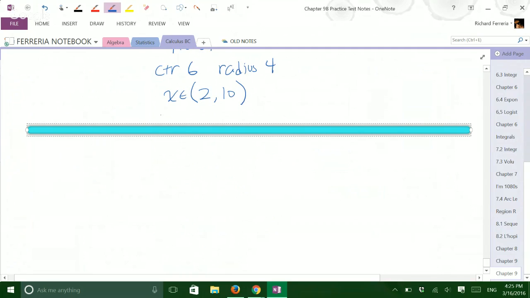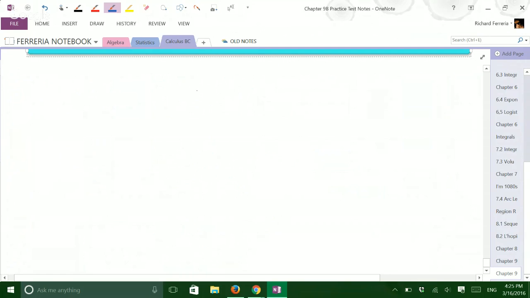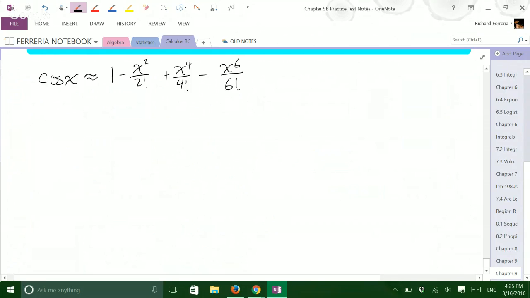Okay, so we have this approximation for cosine. Let's just write what cosine is. Cosine of x can be approximated by 1 minus x squared over 2 factorial plus x to the 4 over 4 factorial minus x to the 6 over 6 factorial. I want to make a couple of observations.